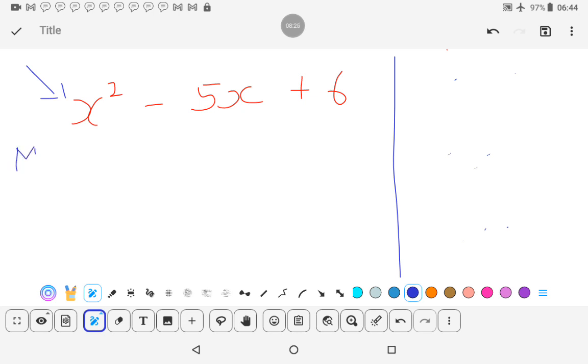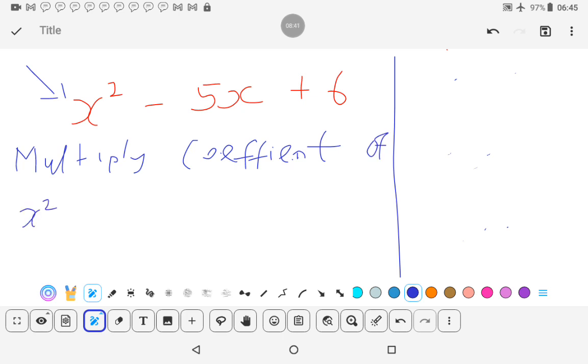Multiply the coefficient of x squared with the constant.